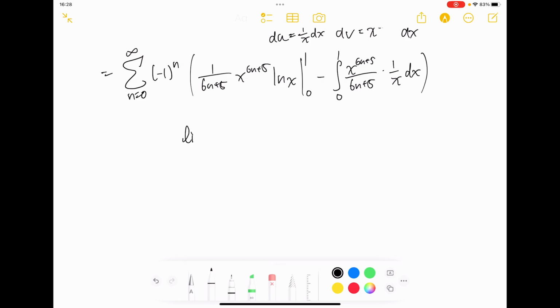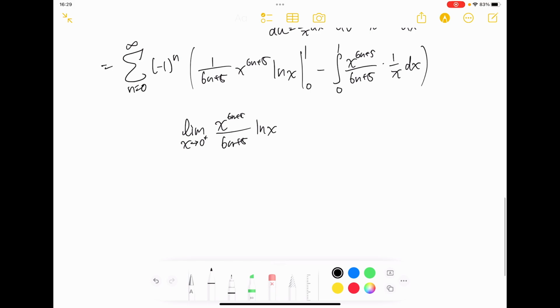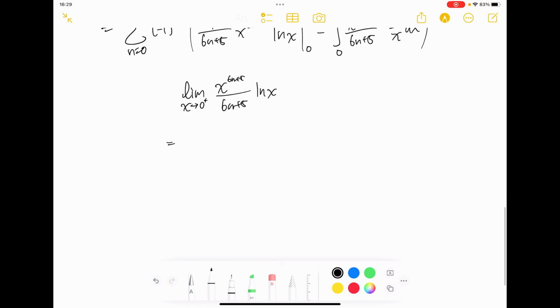But we are evaluating the limit as x goes to 0 of x to the 6n plus 5 divided by 6n plus 5 times the natural log of x. But specifically, x goes to 0 from the positive direction. So let's try to do this. We're going to pull out 6n plus 5 and take the limit as x goes to 0 plus. And we're going to use a little trick here.